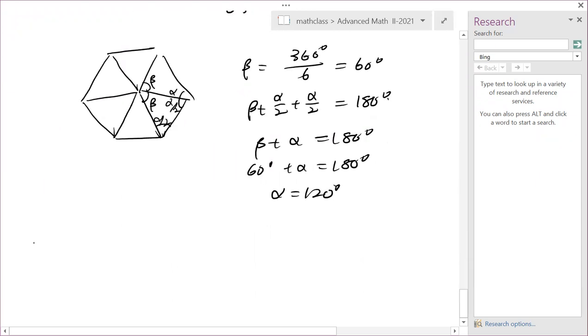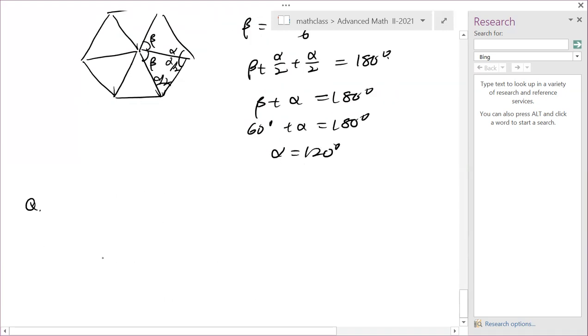All right, so what I want to do is draw a regular 5-star. I want to find this angle alpha.